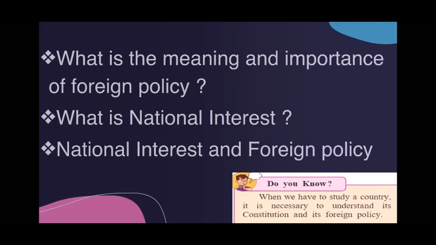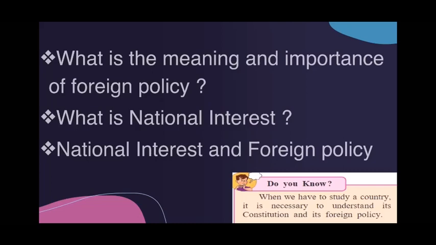Now before we look at India's foreign policy, let us try to understand what is the meaning and importance of foreign policy. Now there are many countries in the world. None of these countries are self-sufficient or self-reliant. They depend on other countries for some need or the other.